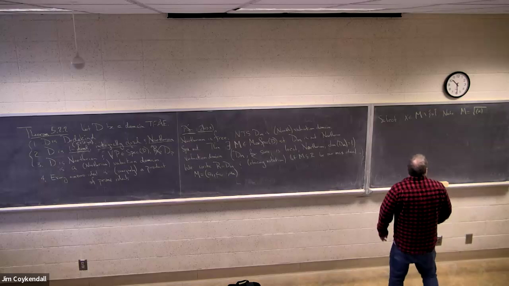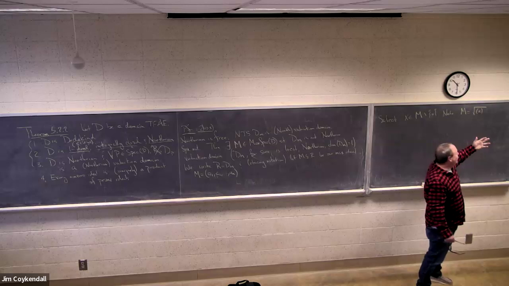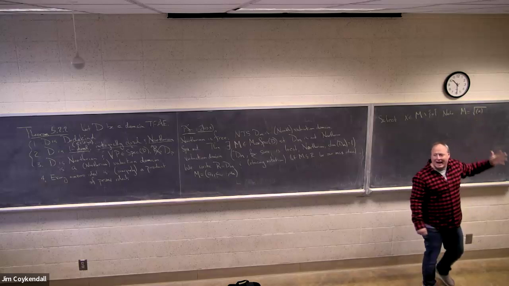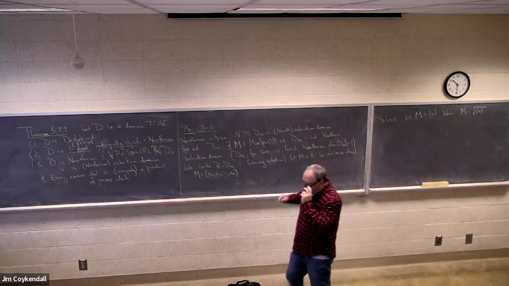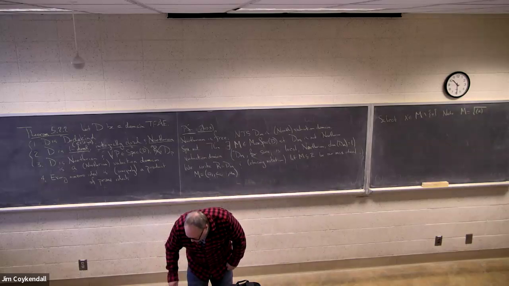What does that mean? That means if you pick any element in M, then some power of it is divisible by X, right? So in particular, let's look at the generators.